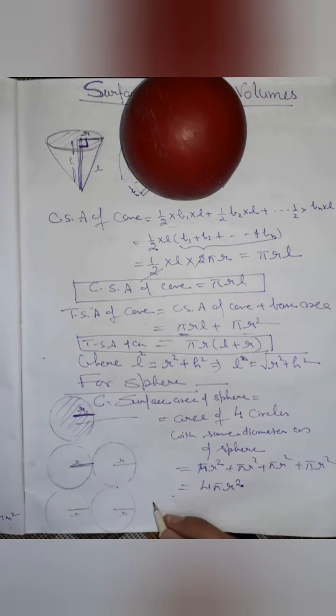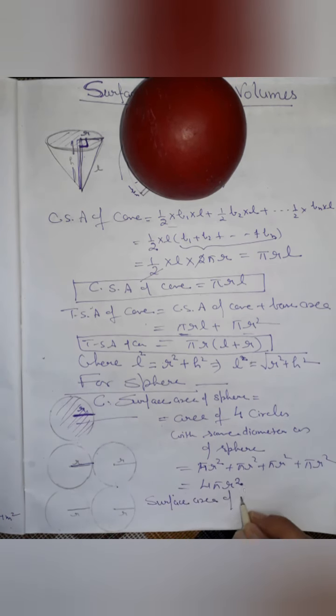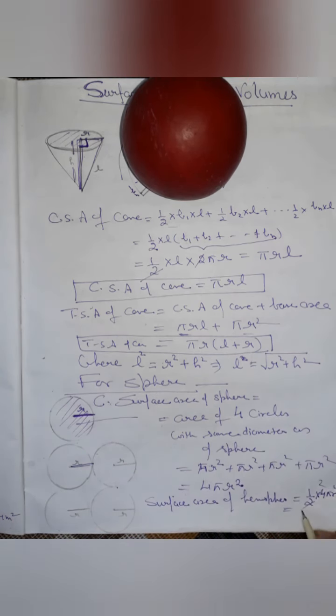Now surface area of hemisphere, that will be half of surface area of sphere, means 2 pi r square.